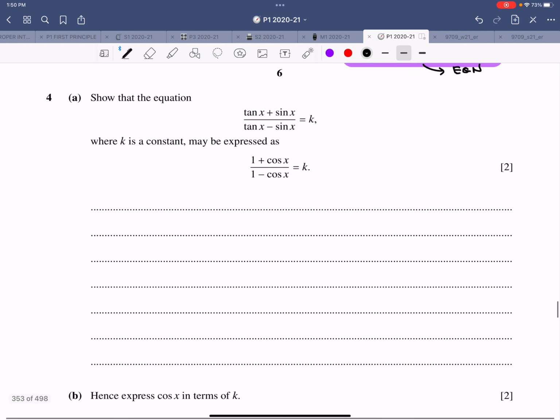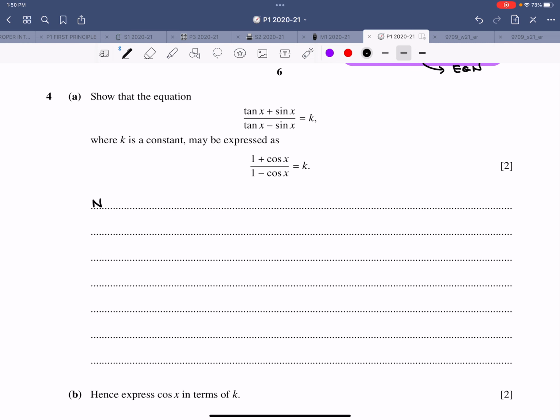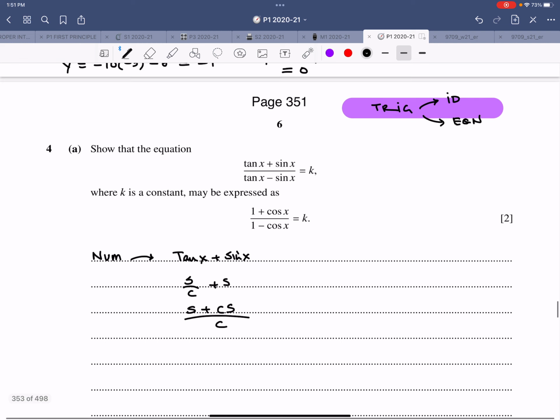Now let me first write the numerator. The numerator is tangent x plus sine x. Let me first simplify. That is sine over cos plus sine. That is (sine plus cos times sine) over cos. So I can tell the examiner, let sine x be written as s and cosine x be written as c.